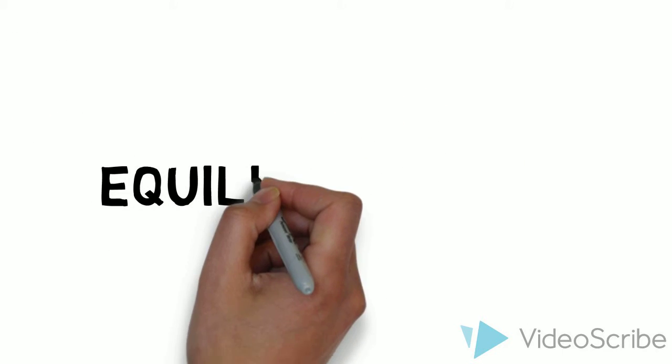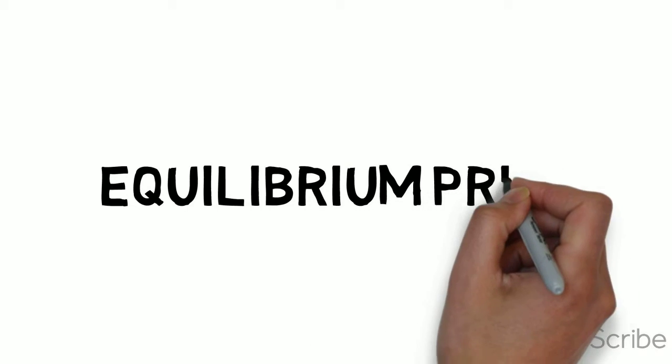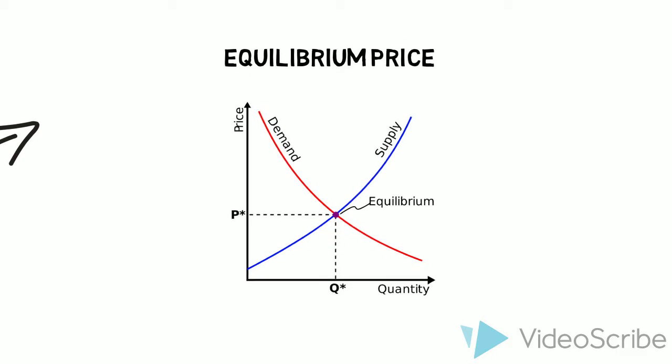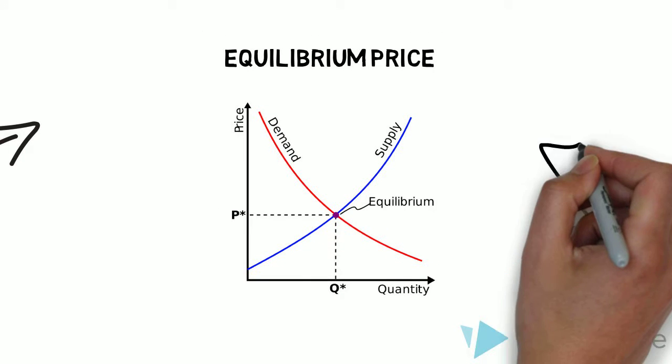So graphically, the equilibrium price is indicated by the intersection of the supply curve and the demand curve. Competition among buyers and among sellers drives the price to the equilibrium price.